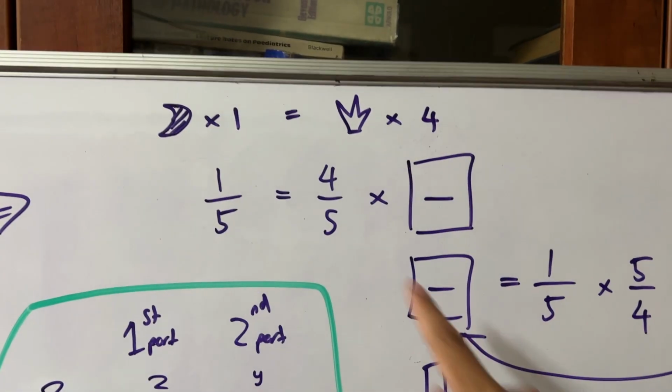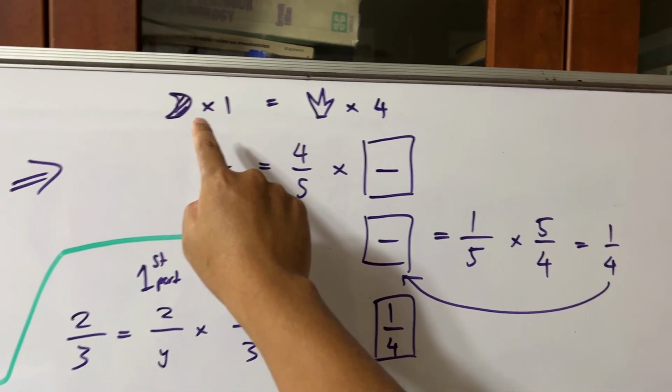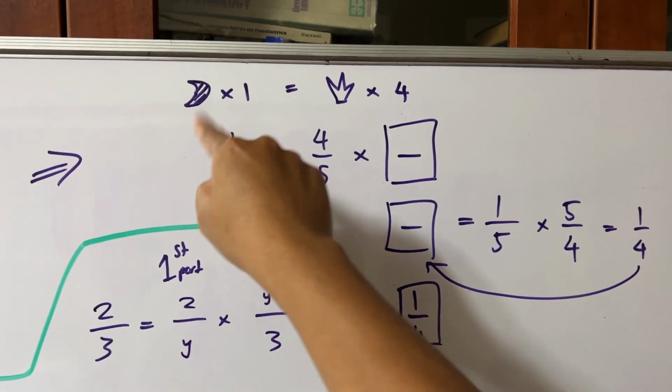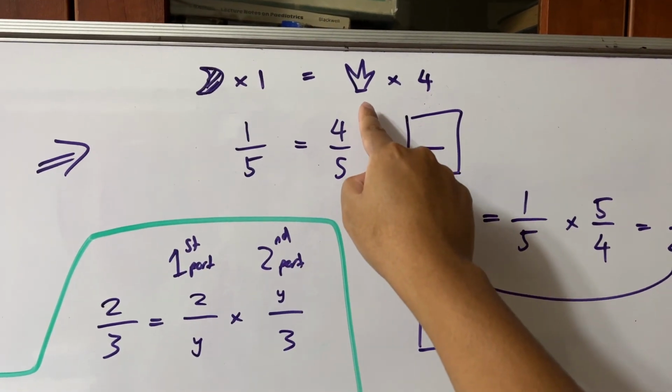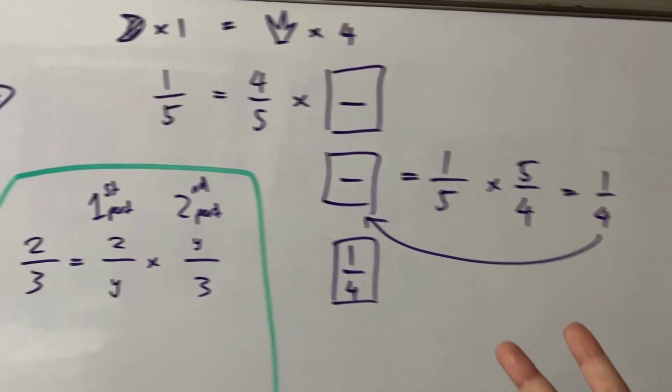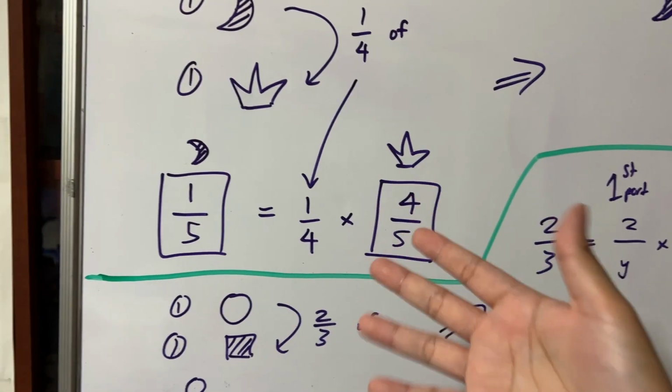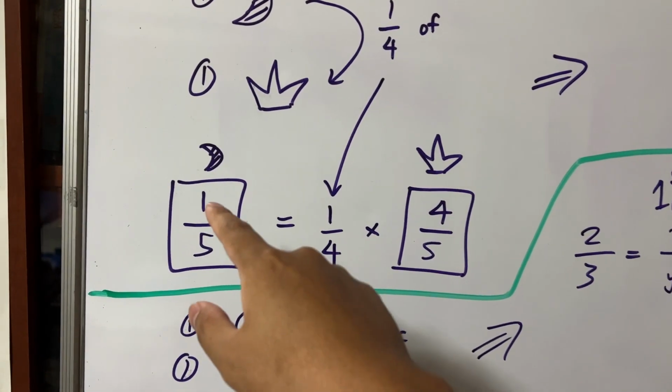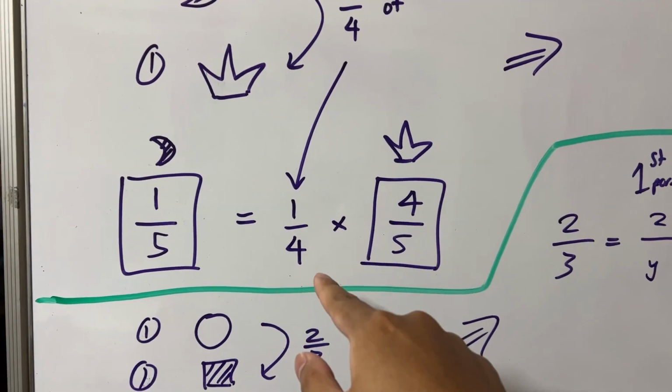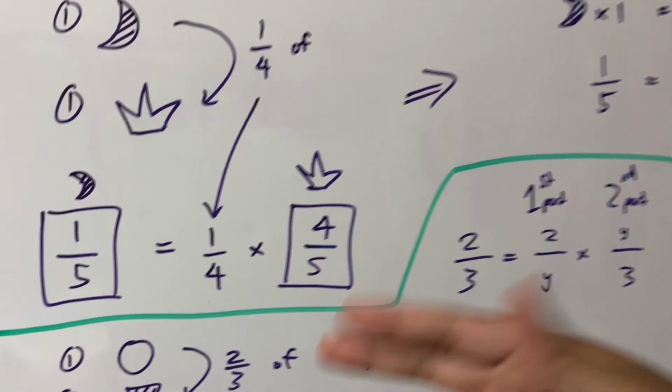So the probability of getting the moon is 1/4 of the probability of getting the crown, right? So back to this, it makes sense. Probability of getting moon is equal to 1/4 of the probability of getting crown.